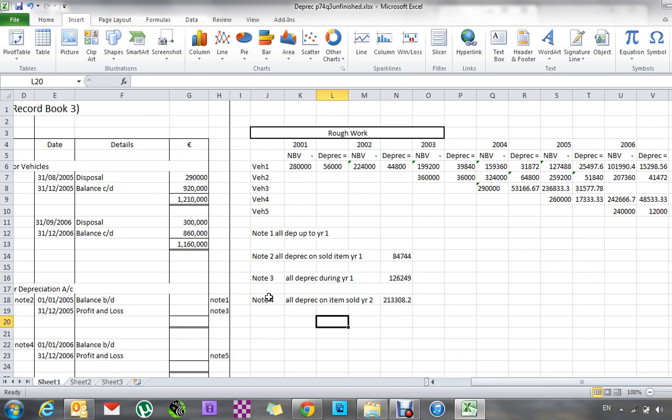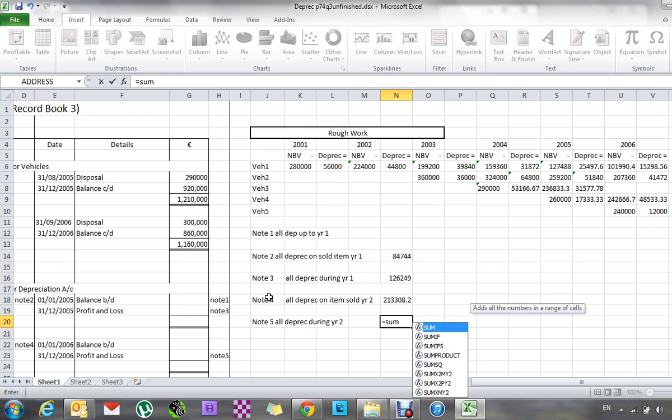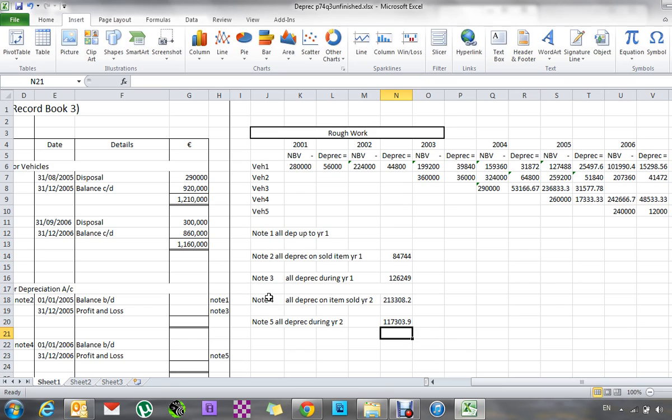Okay, and finally, all the depreciation that happened in year 2 is going to be adding all of these numbers here in this column. What's that? I think I'm going to go back here again and try and see, can I fix all the depreciation in year 1?